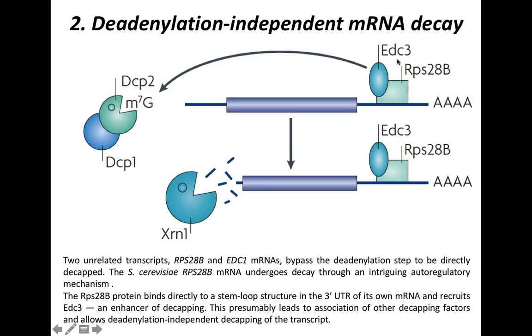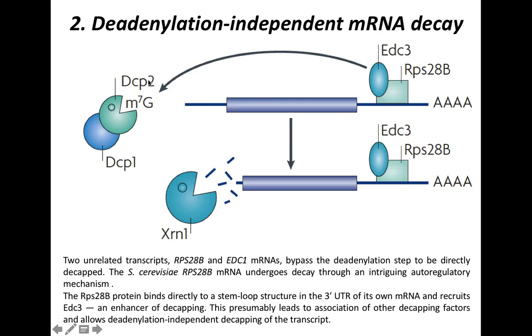EDC stands for enhancer of decapping. Enhancer of decapping is a protein which can activate other factors which might be involved in degradation of the mRNA molecule. In this case, EDC3 is going to recruit the DCP1, DCP2 complex. We have previously discussed that the DCP1, DCP2 complex works as a decapping enzyme, where DCP2 contains a MutT domain which can remove the 5' cap of the mRNA molecule.